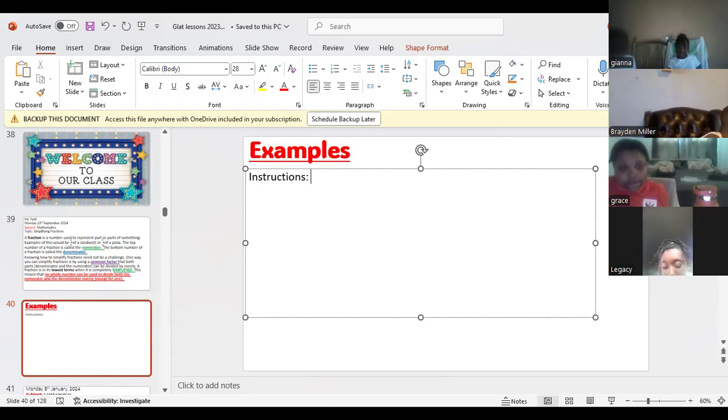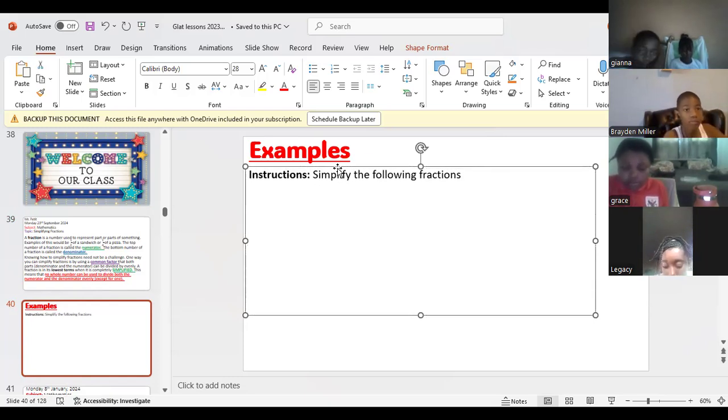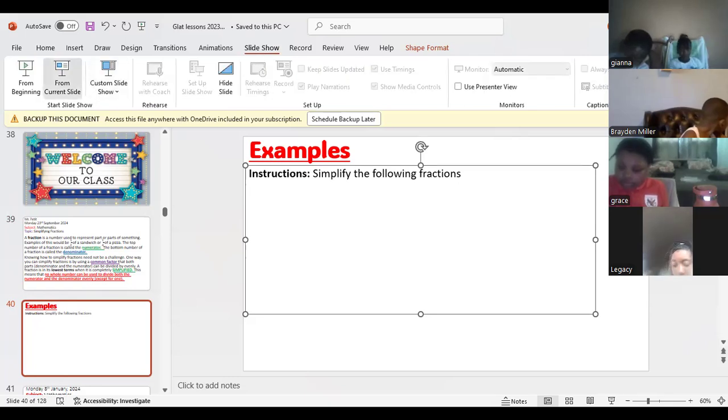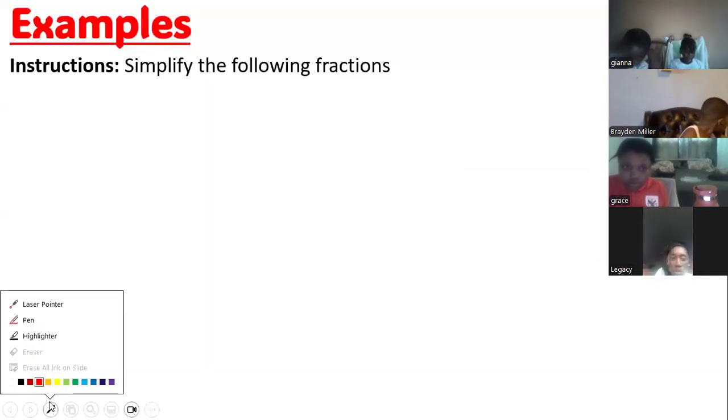Instructions: simplify the following fractions. Mario, thank you, I got your work. All right, so let's begin with the first one. The goal here is to find a number that can go into both of those numbers without leaving a remainder.